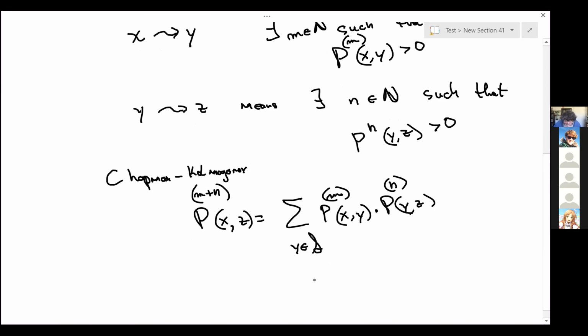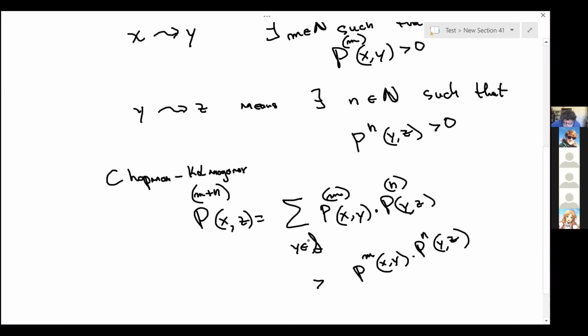This thing here will be bigger than P^m of XY times P^n of YZ. Why will this sum be bigger? Because these things are probabilities, and here you're summing up.